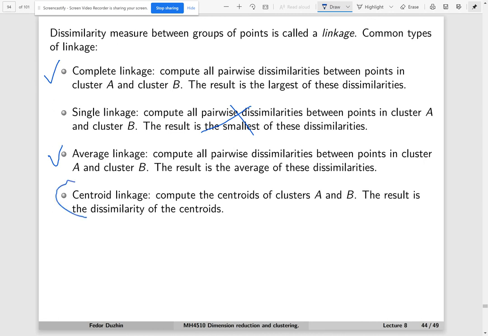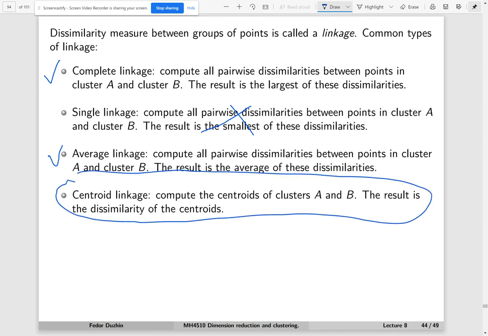And centroid linkage, we are going to see in the tutorial, is special in the sense that it is often useful and it is used in practice. But the problem is that centroid linkage does not produce nice dendrograms that are nicely ordered according to the dissimilarity measure.